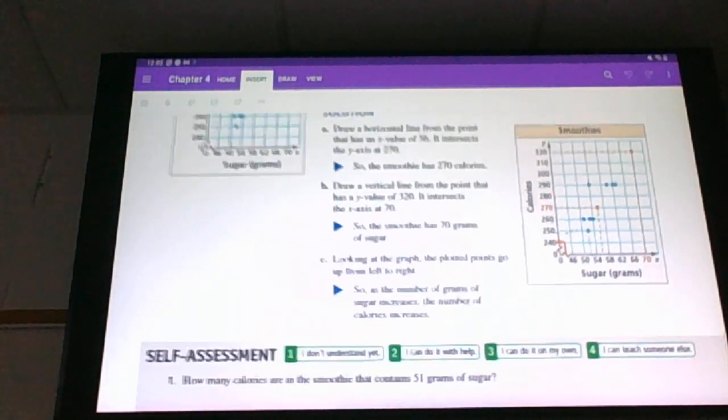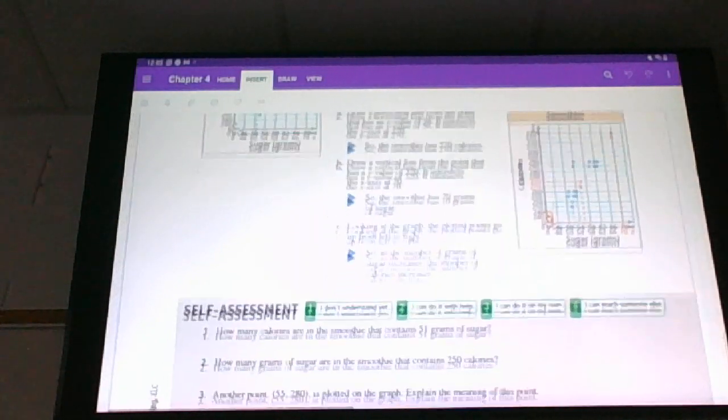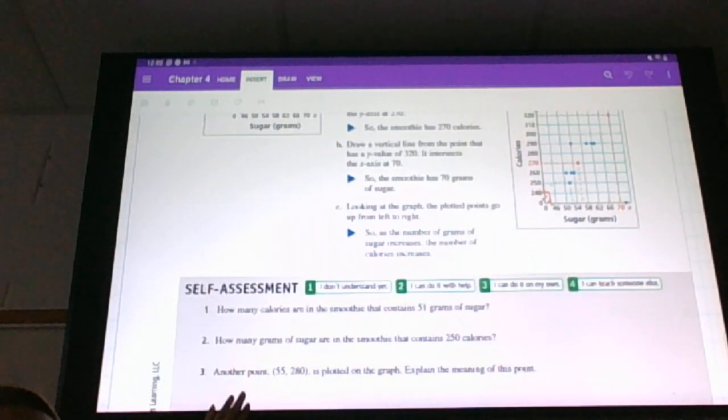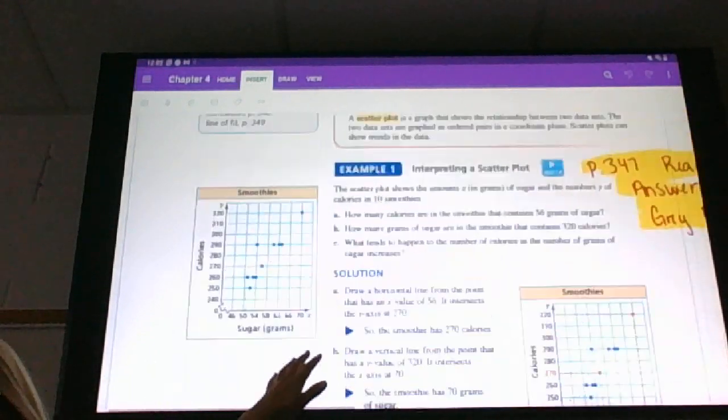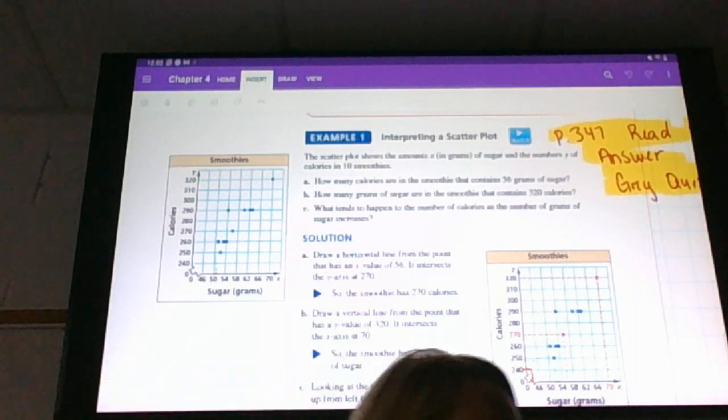Just go ahead and do number 1. I think you're capable of it. Actually, I want you to do these gray box ones. But do you have the pages there? And you still got to put them in the binder?